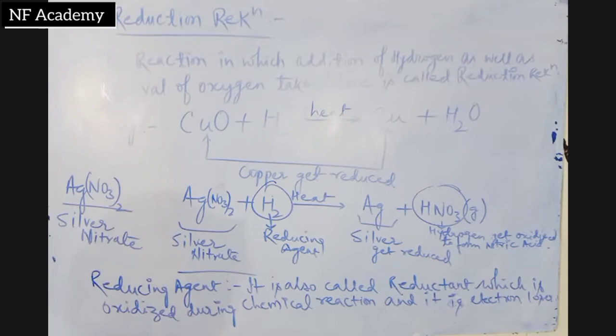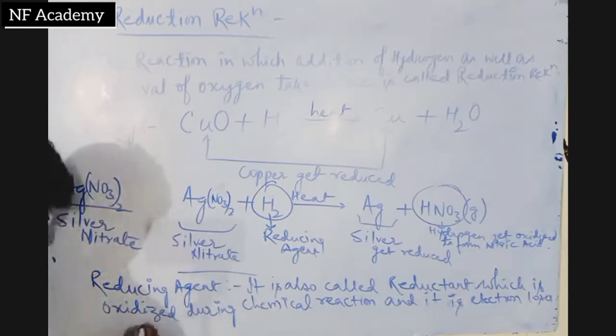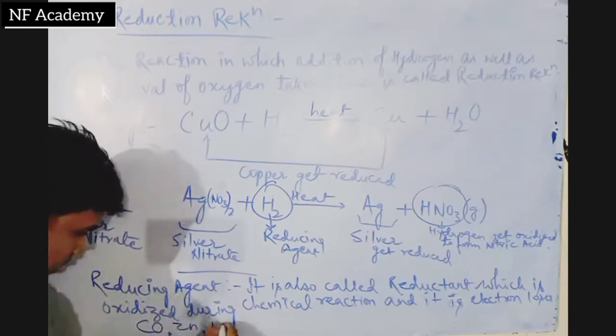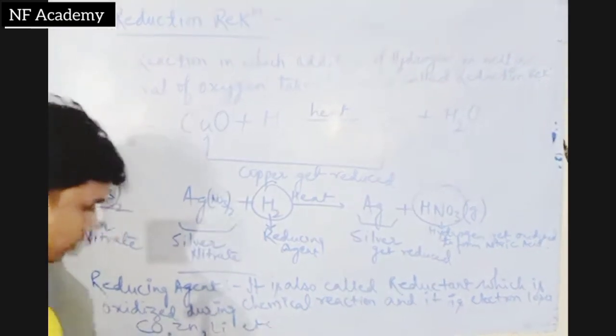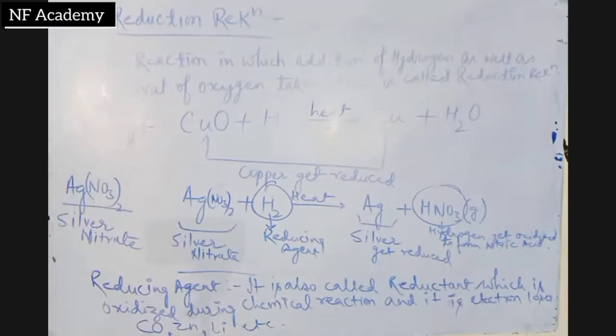Okay, so now we are coming to our next topic, that is redox reaction. You mentioned some elements or compounds as reducing agents, that may be carbon monoxide, zinc, lithium, etc. Why do we use these metals only? Because these metals are more reactive.